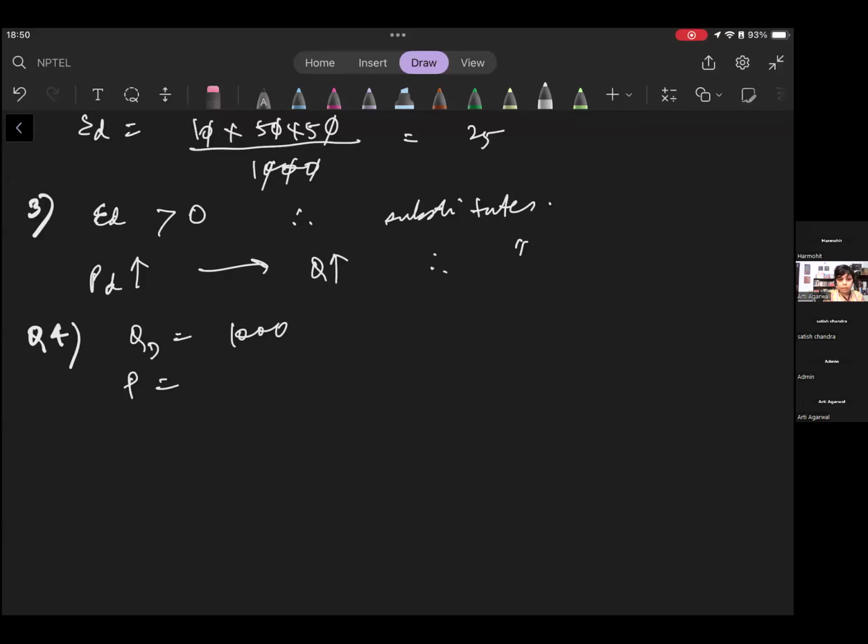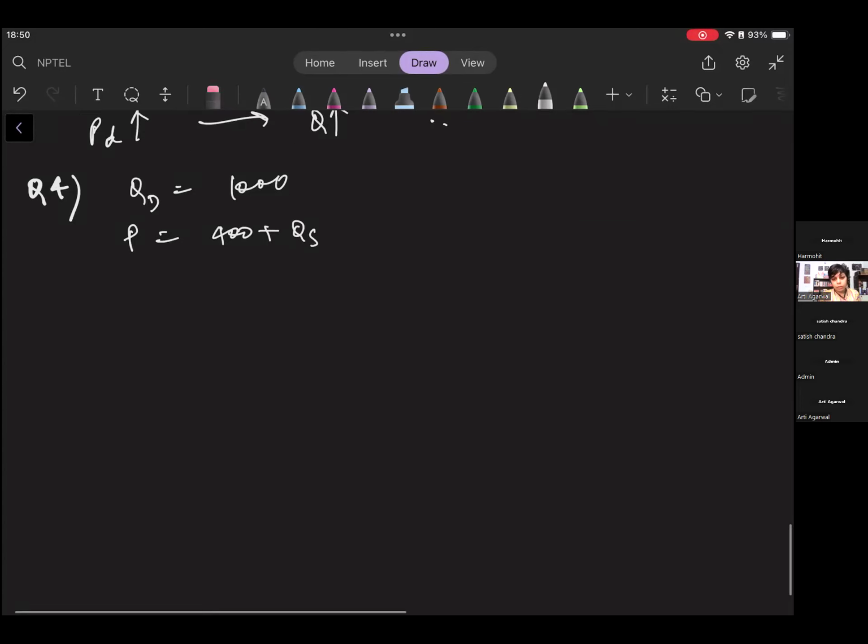You're given the supply curve as P equals 400 plus QS. As you can see, first of all, when your demand curve is independent of price, that means the demand is perfectly inelastic, right?